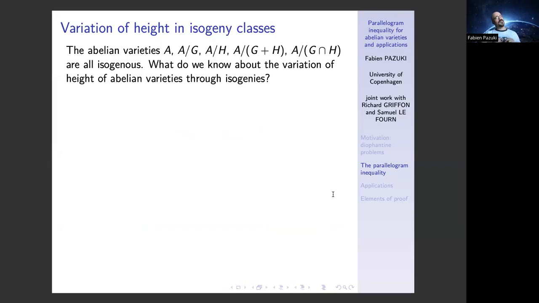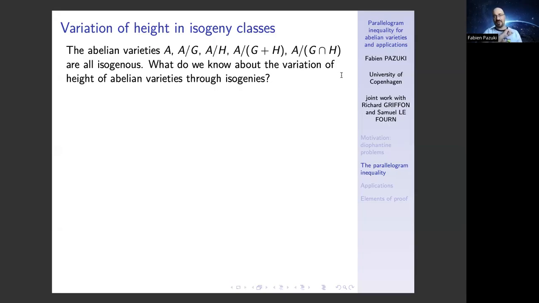So before stating the result, take a moment to realize, of course, all these varieties we talk about are isogenous to each other. So you start with an abelian variety A, you quotient by a finite subgroup, the kernel is G, then this is isogenous, and then same for H, same for G plus H, same for the intersection of G and H. So they're all isogenous.